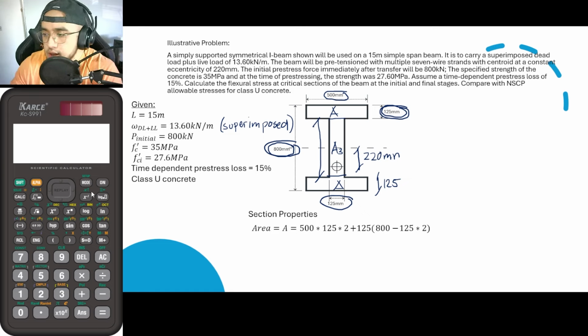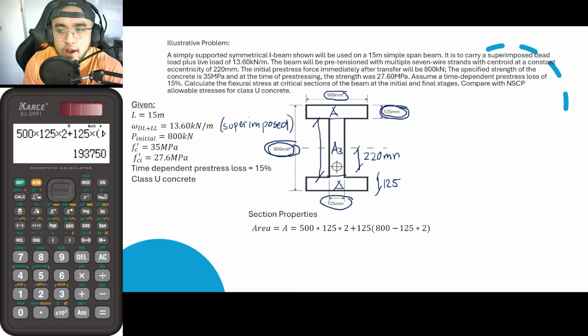And looking at the calculator to your left, that is 500 times 125 times 2 plus 125 times 800 minus 125 times 2. So my answer here is 193750 millimeters squared.